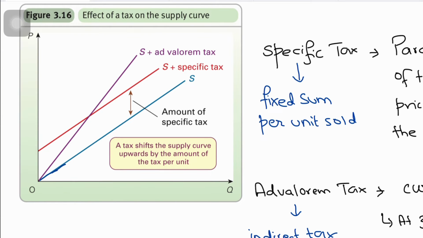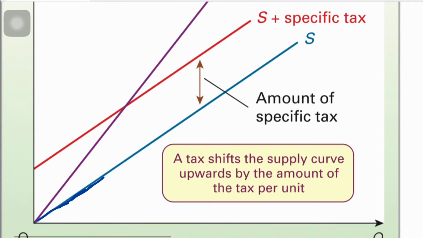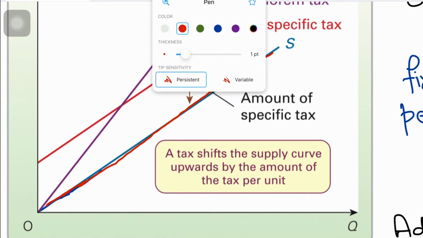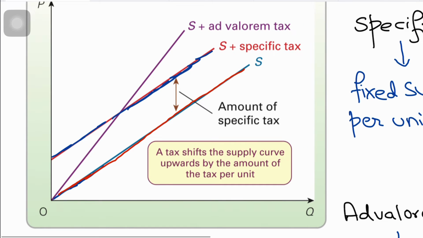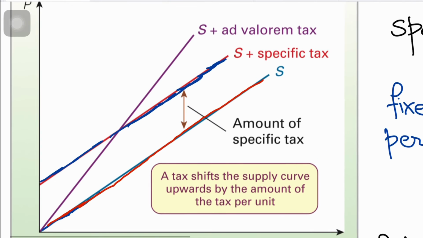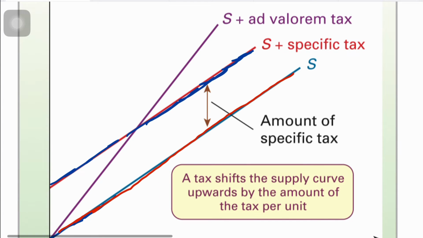So let's say if S is your supply curve, your specific tax will shift it to S plus specific, that is a parallel shift, while an ad valorem tax would cause your supply curve to swing upwards like this.